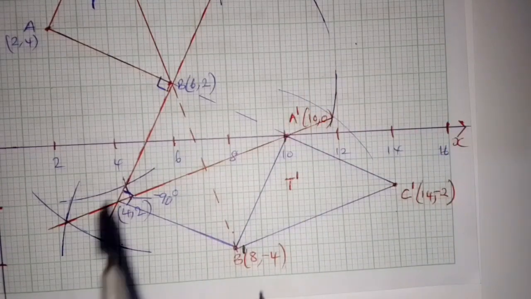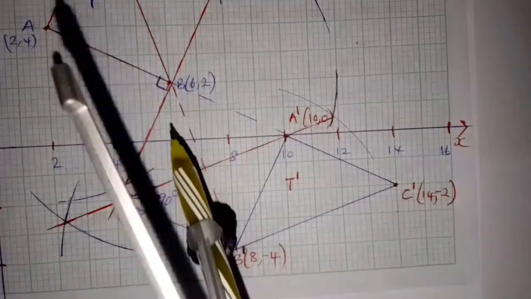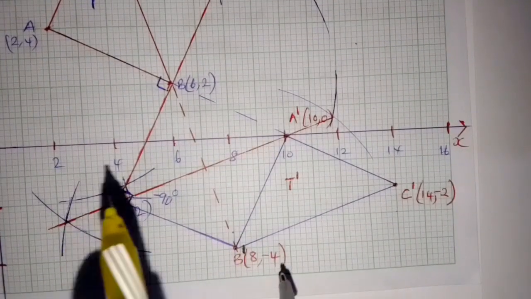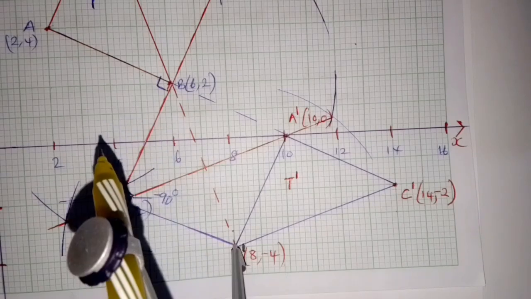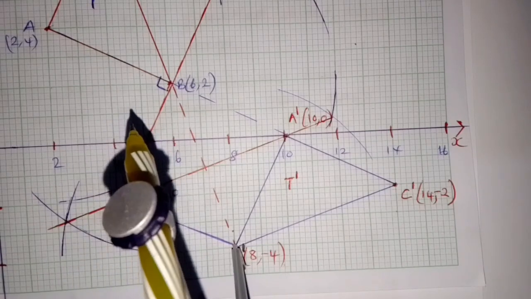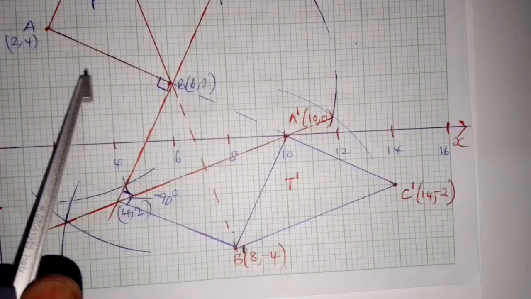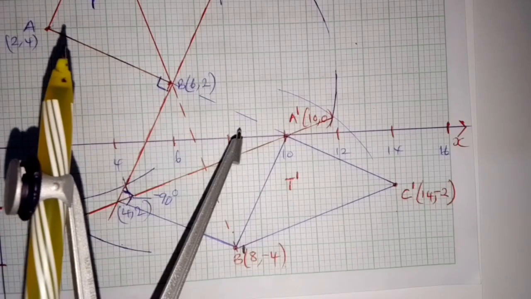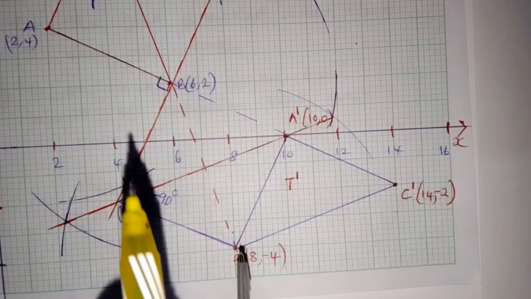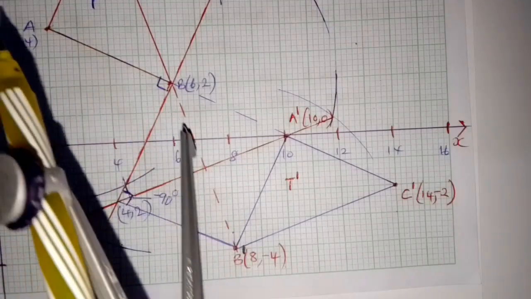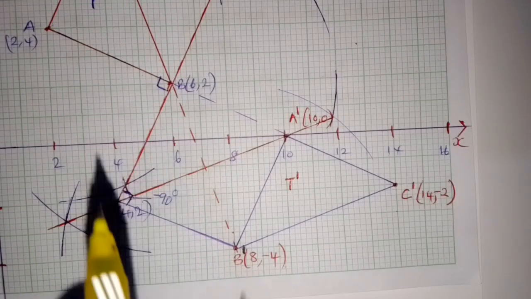Then we join B to B prime. Then we draw another perpendicular line to bisect B and B prime.